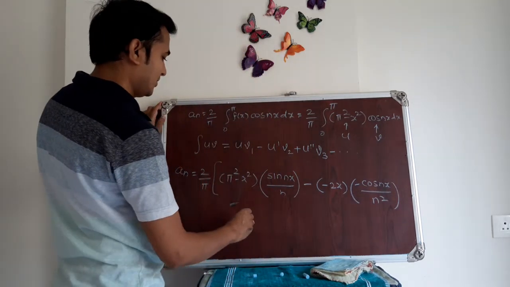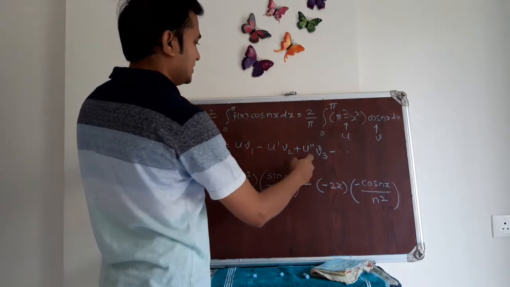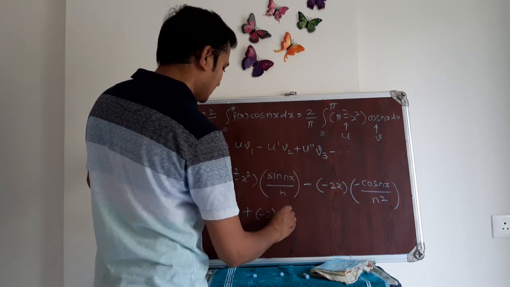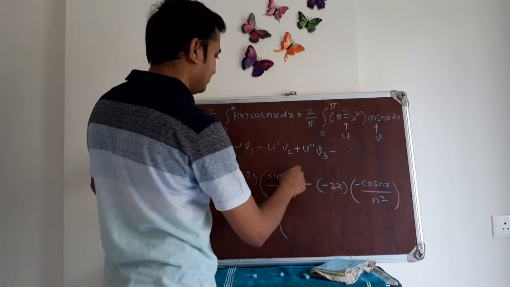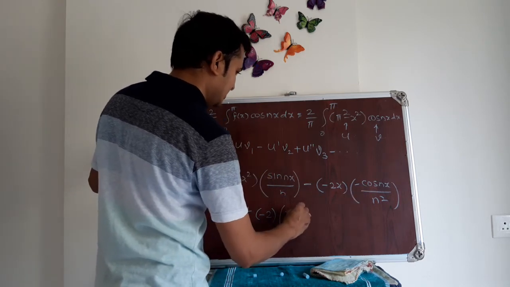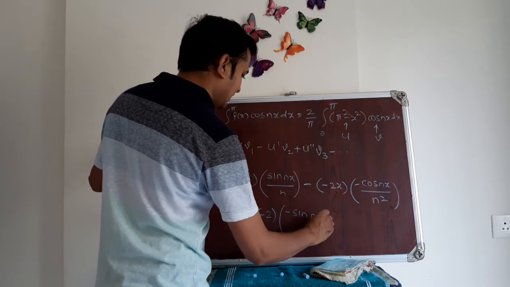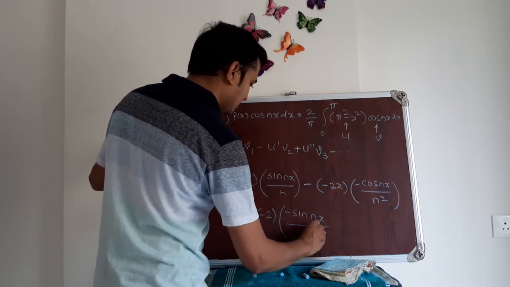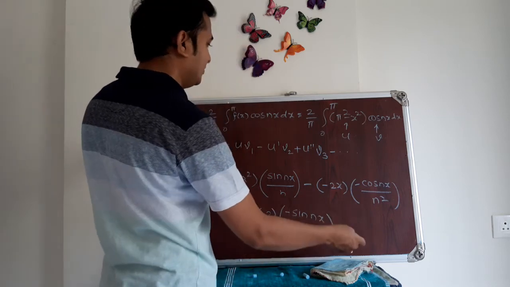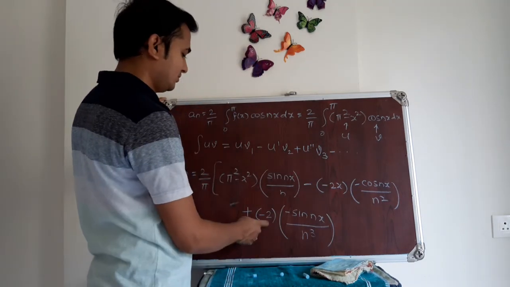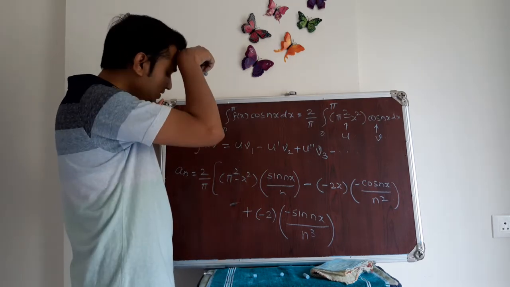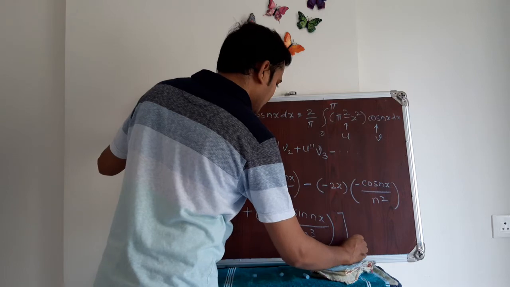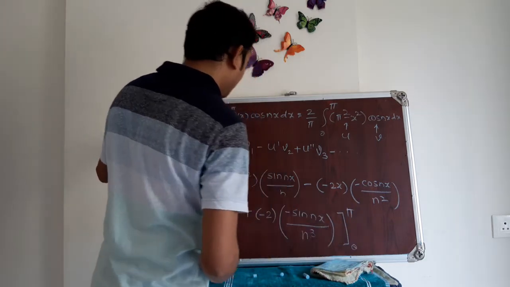Okay, plus second derivative of u, which is minus 2, into third integration of v, that is minus sin nx upon n cube. Okay, next will be third derivative of u, but a derivative of minus 2 is 0, so there is no third term, so limits are from 0 to pi.